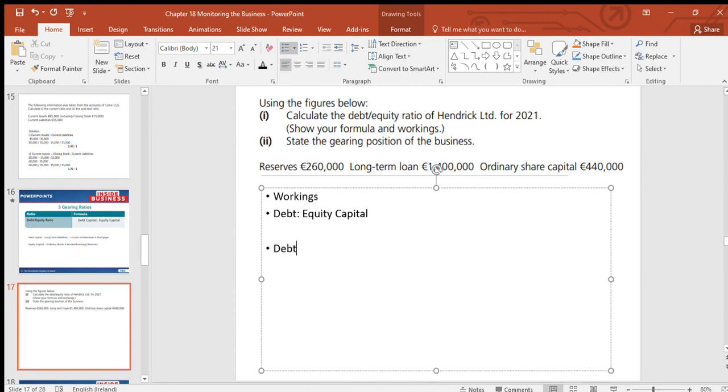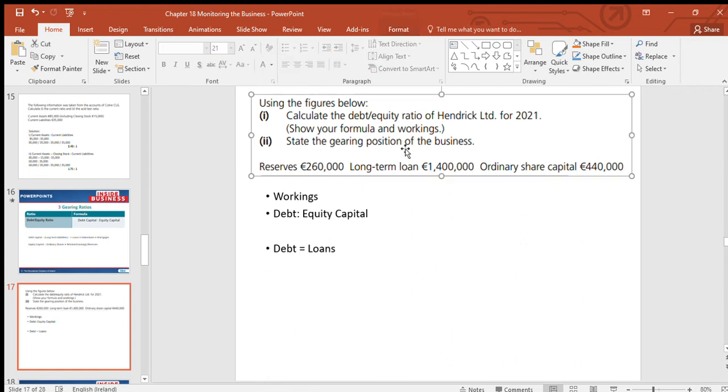What's my debt? My debt is equal to my loans. So in this case, I have reserves. Reserves are profits that you've held on to, you've kept in reserve. Think of it as a form of piggy bank savings. That's obviously not a loan. This is obviously a long-term loan, and these are shares you've generated money from.